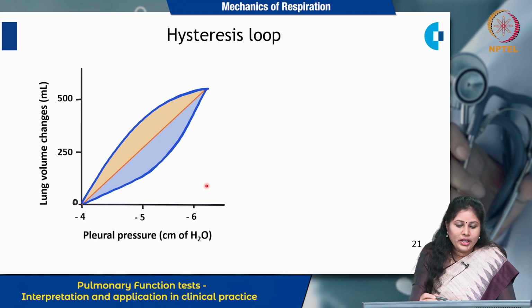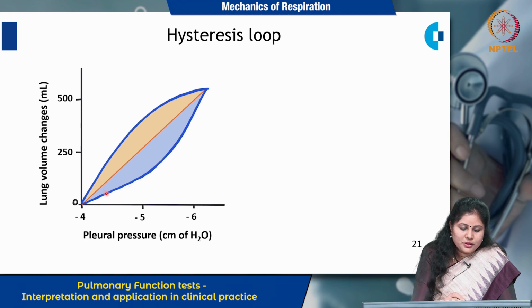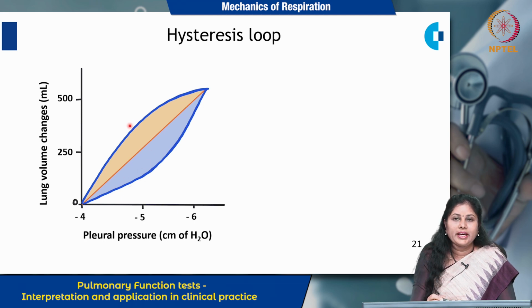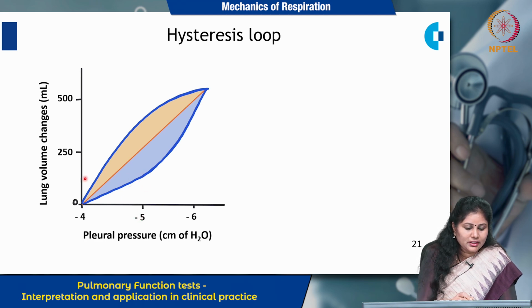But if you observe, the inspiration is lagging behind the expiration. That means, at any given point of pressure, say for example minus 5 centimeters of water, you can check the volume of air that is present during inspiration. It is roughly around maybe 125.